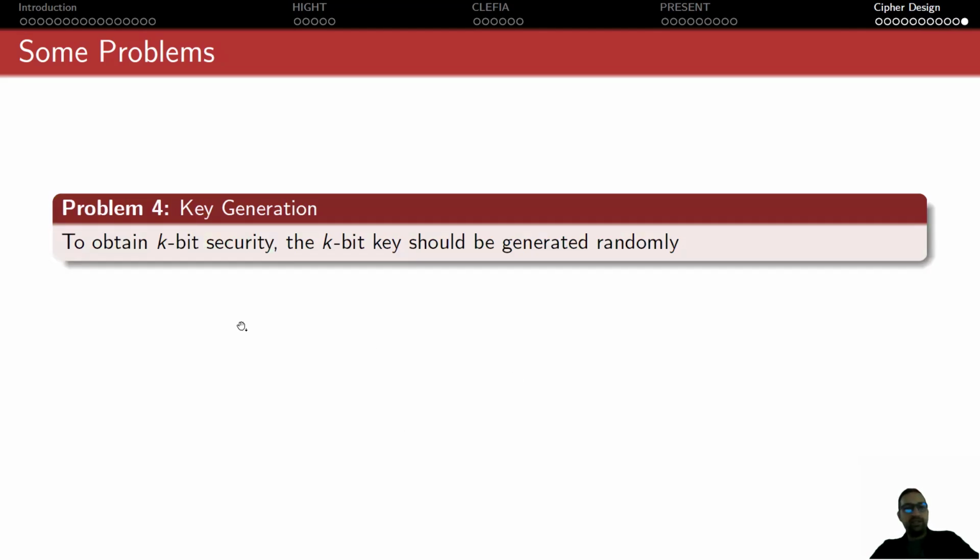Another question, key generation. To obtain k-bit security, the k bits should be generated randomly. This is important. So generally, if you want to put a backdoor, you put your backdoor in the random number generator so that you know from which set the person you are attacking is generating their random numbers. So you reduce it somehow. Or even better, this happened in the Dual Elliptic Curve random bit generator.